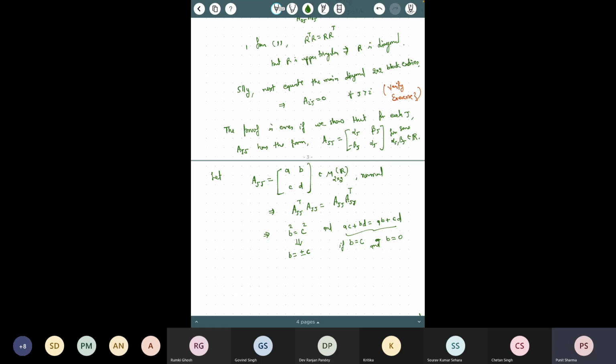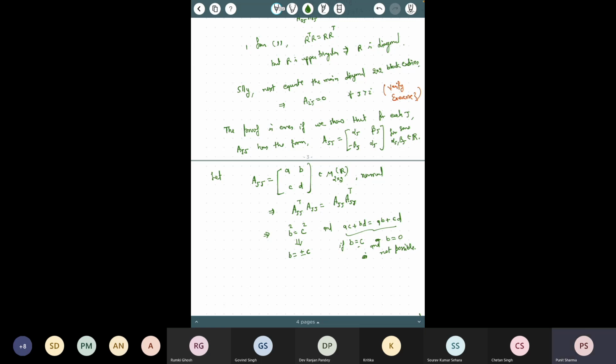Now can you tell me why these two things are not possible? So what happens if, let's say, B equal to C? What happens for any J? If AJJ is in this form, then B equal to C and B equal to 0 are excluded.